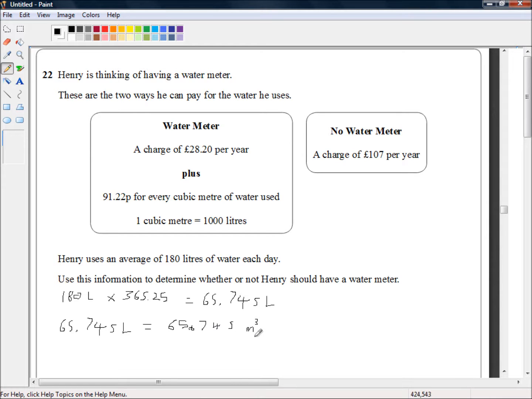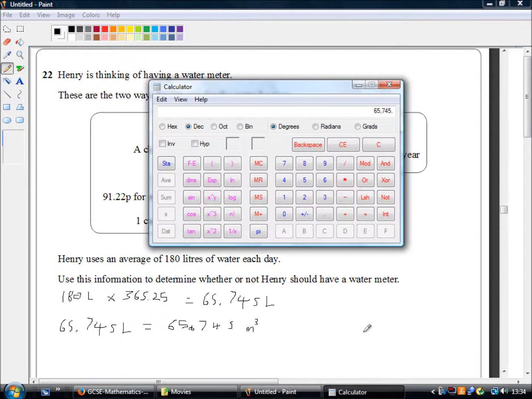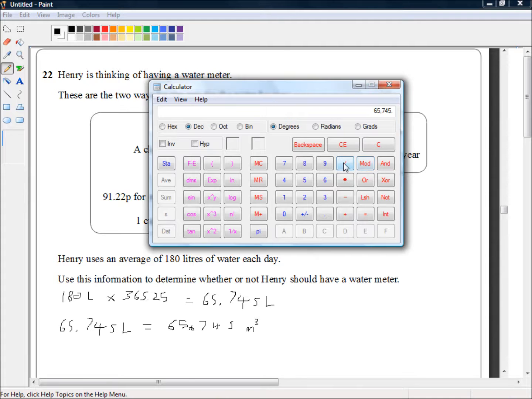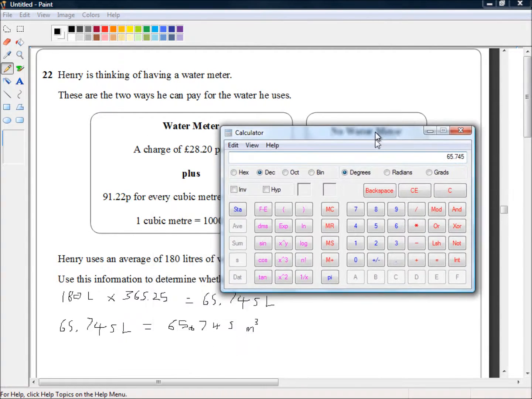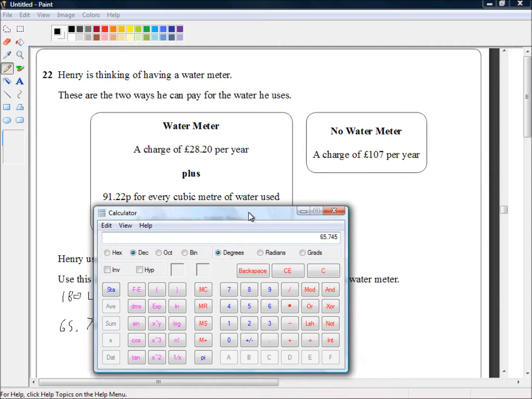So we divide by 1,000 to get the right figure, 65.745, and for each cubic metre it's going to cost 91.22 pence.